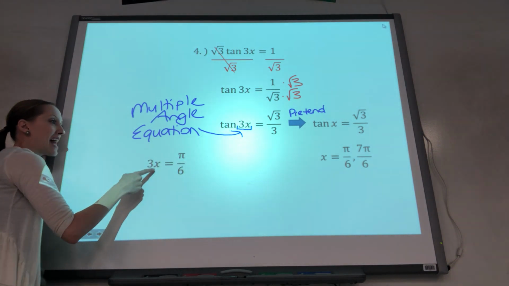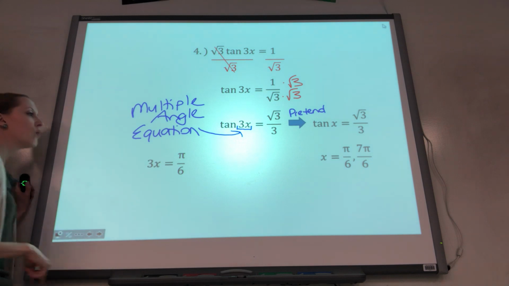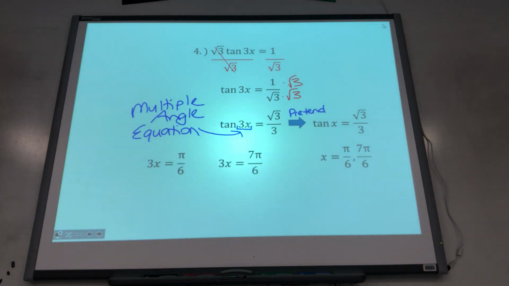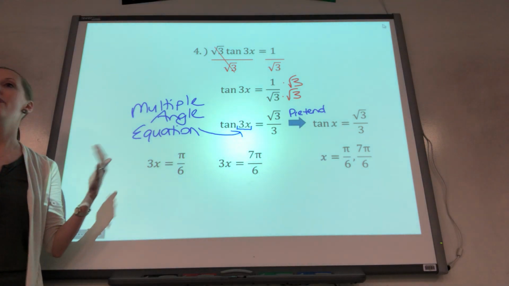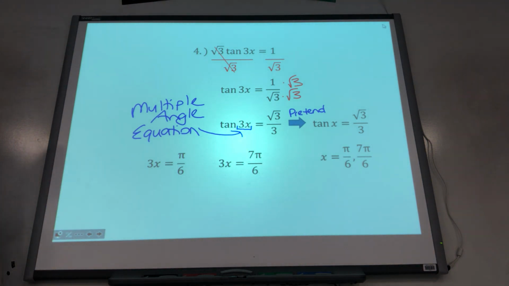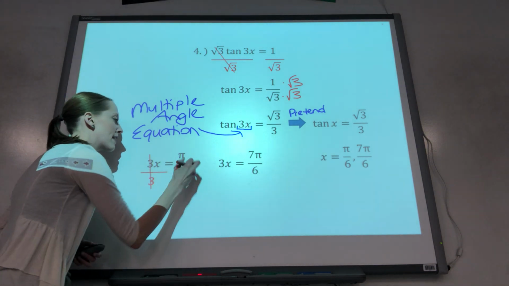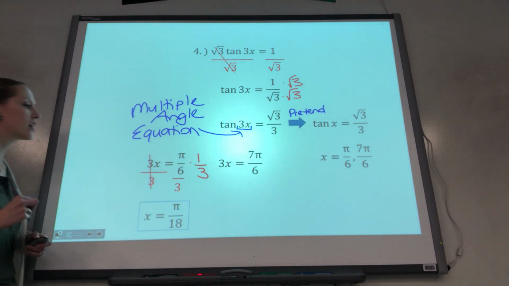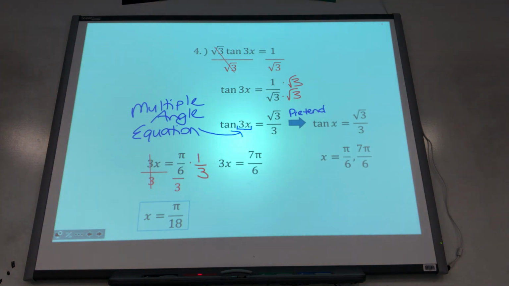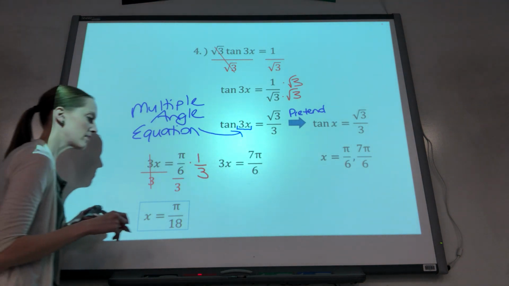So we need to set 3x equal to pi over 6 and 7 pi over 6, and then we can get x by itself. So dividing by 3 is like multiplying by 1/3. That's going to be a pi over 18.